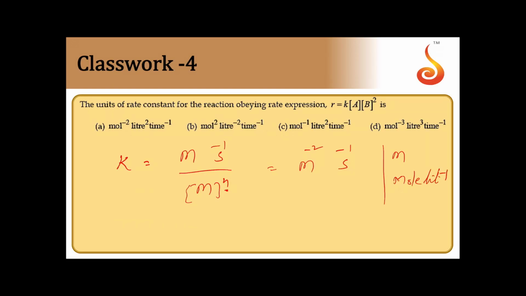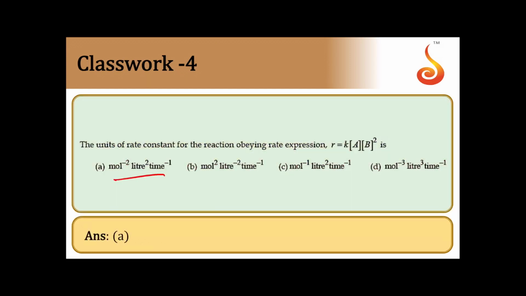Substitute the value of n as minus 2 here, and you are going to get mole to the power of minus 2, liter square, and seconds inverse, which is nothing but time inverse. Answer A: mole to the power of minus 2, liter square, time inverse. A is the answer. Next one.